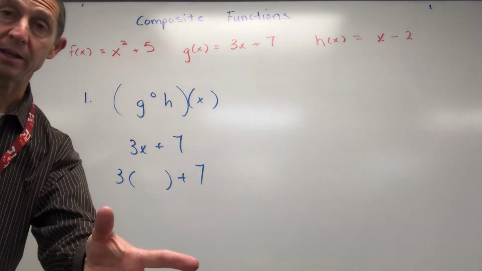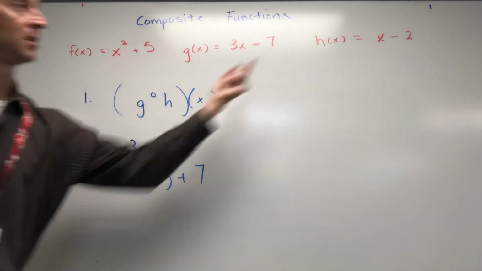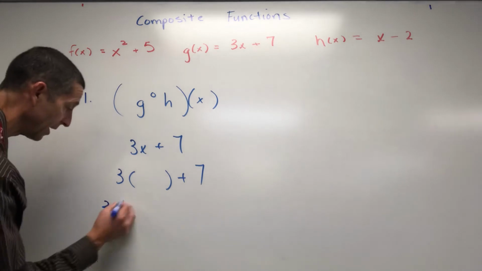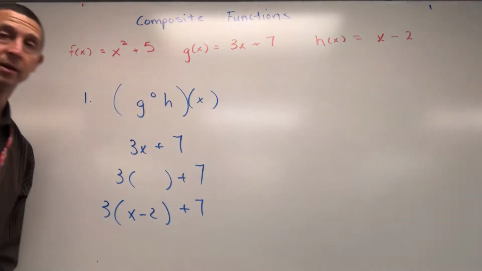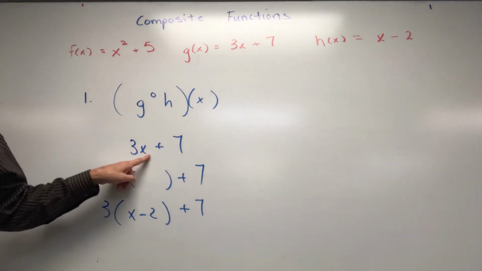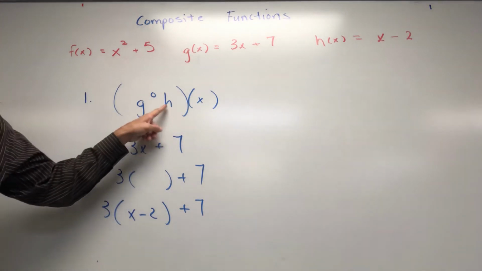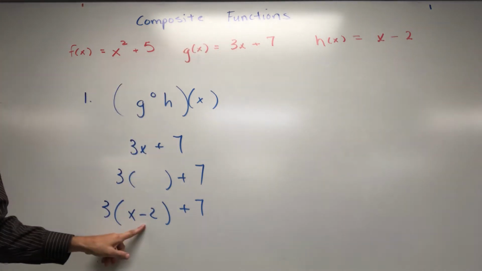What you plug in there is what letter is next. H is next, x minus 2. That's what we're going to drop in there right now. X minus 2. So g's first, write down the g function, open up to sub in, plug in whatever letter's second. H is x minus 2, that's what we drop in.